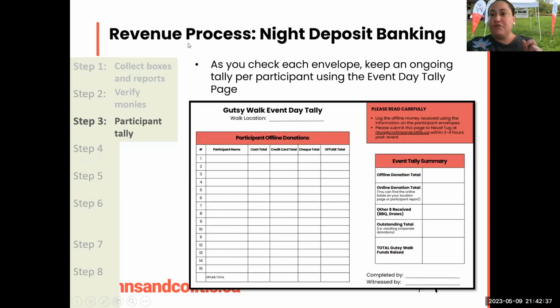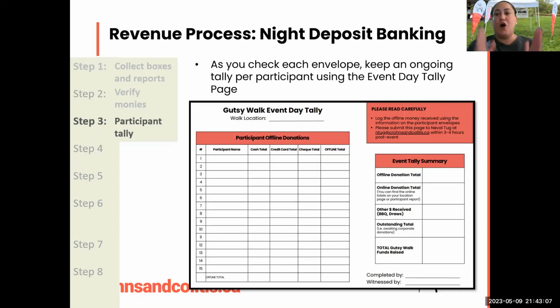This is another form we changed. We used to have a participant tally, which had every single participant name and how much offline donation they submitted, and we also had an event day summary tally summary. So we combined these two. When you check the offline donations, this is not how many participants actually came to the table.